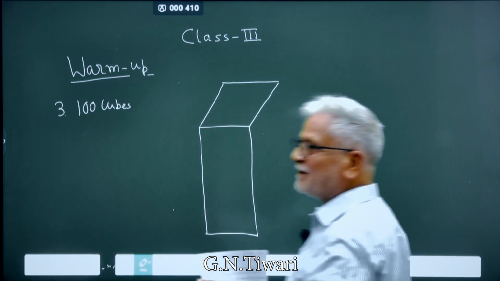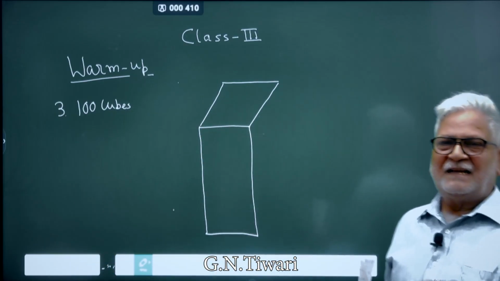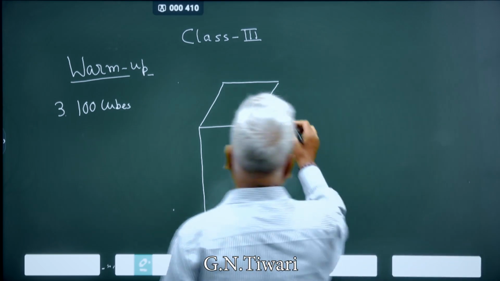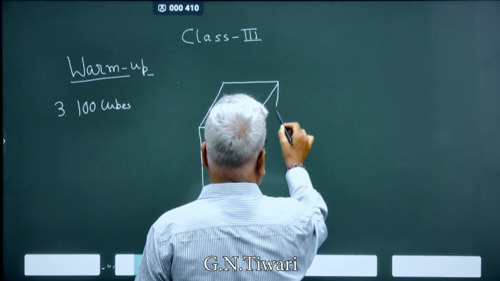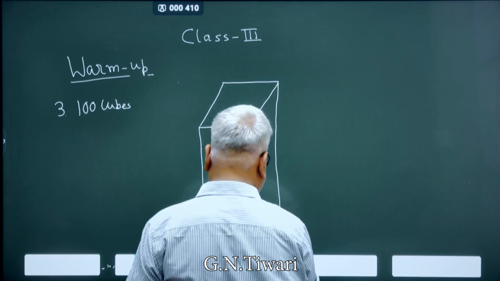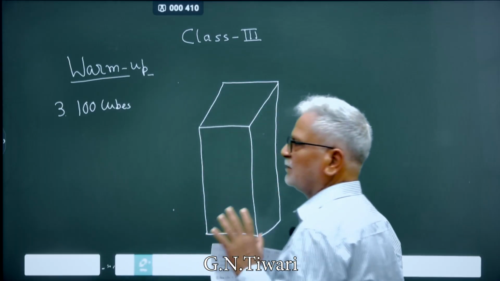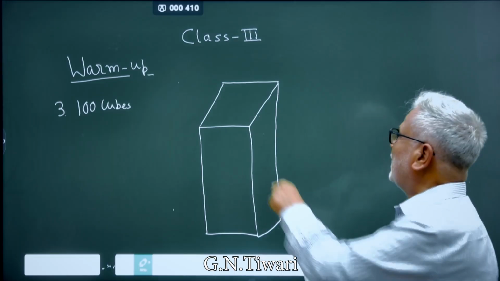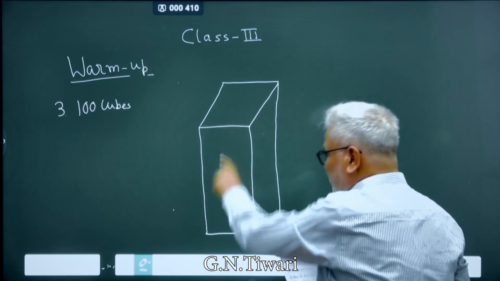If they make it by their own hand, it is more understandable to the students. Now again, we have to make 100. Be careful. So in that case, you have to divide this 10 also, this 10 also.